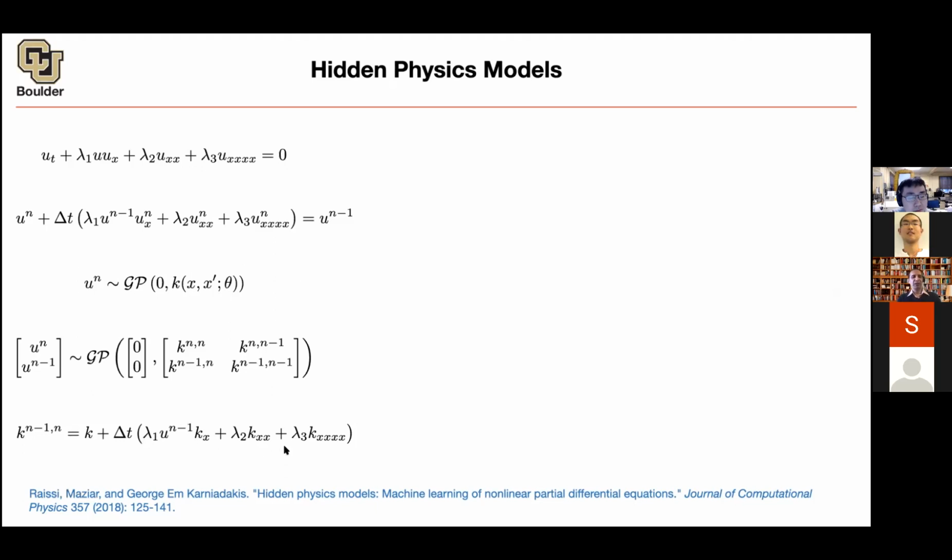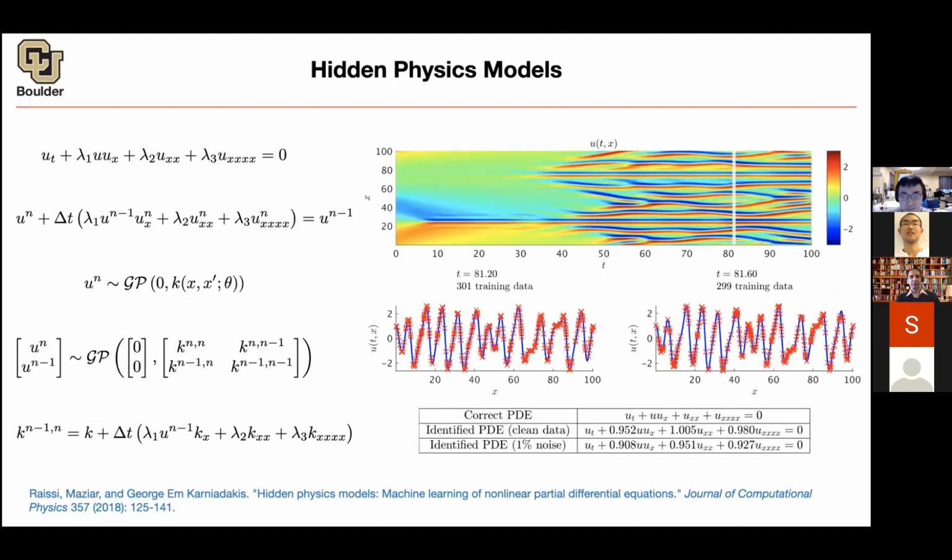So these lambda 1, lambda 2, and lambda 3, the parameters of your partial differential equation, turn into hyperparameters of your kernel. The same maximum likelihood framework that was giving you theta is going to give you lambda 1, lambda 2, and lambda 3.